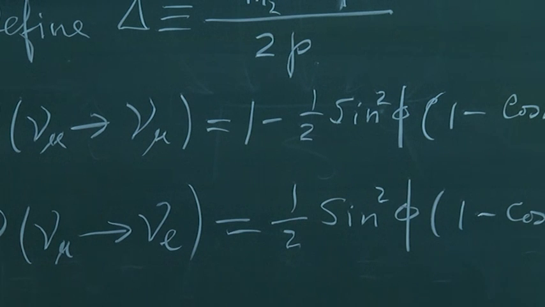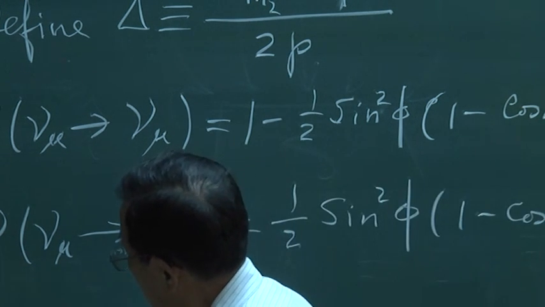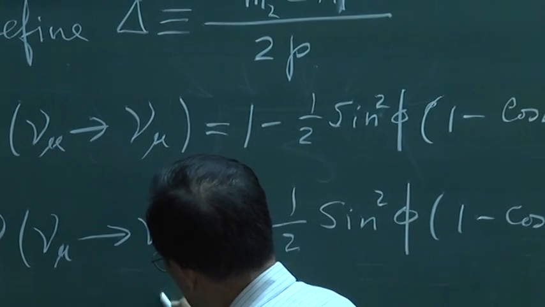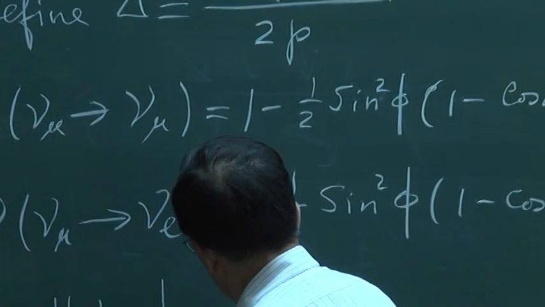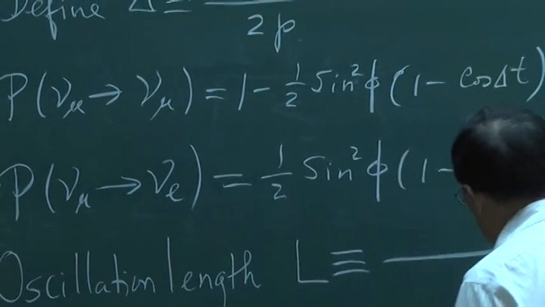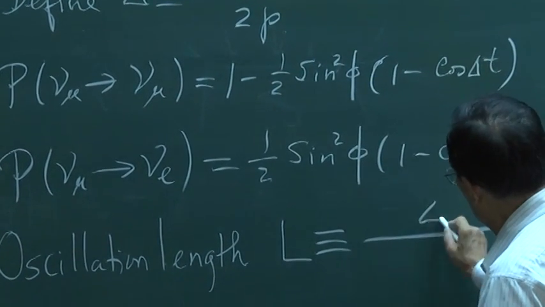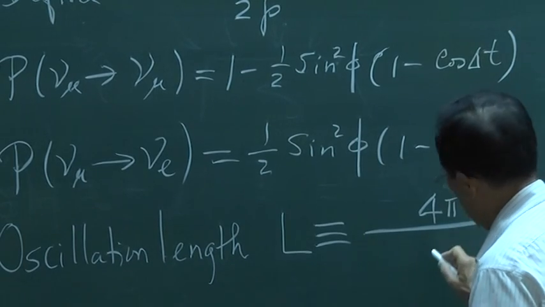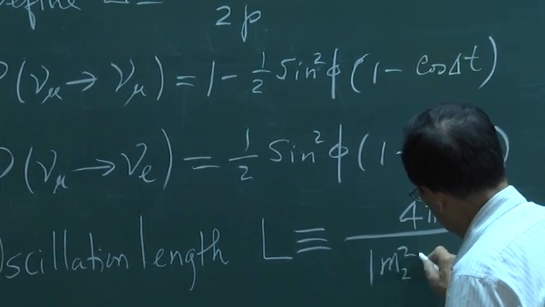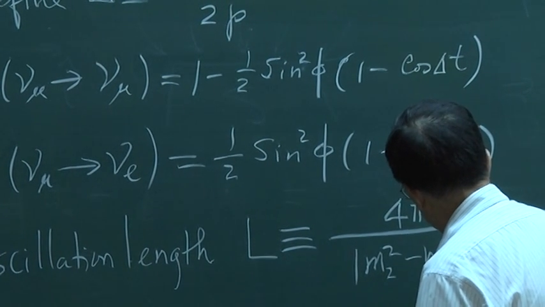And then the oscillation length L is defined to be 4 pi p divided by m2 squared minus m1 squared. Okay?